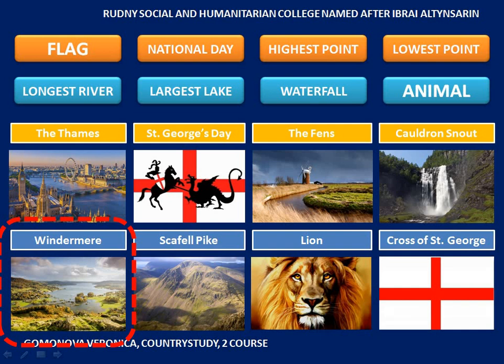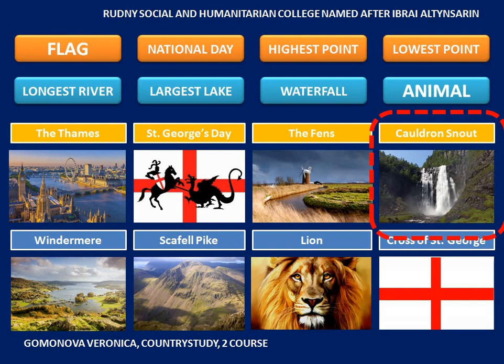The next one is a waterfall. You may be surprised, but there is even a waterfall in England, and the name of the waterfall is Cauldron Snout. Cauldron Snout, it is a 60-meter high waterfall, and it is situated in northern England.